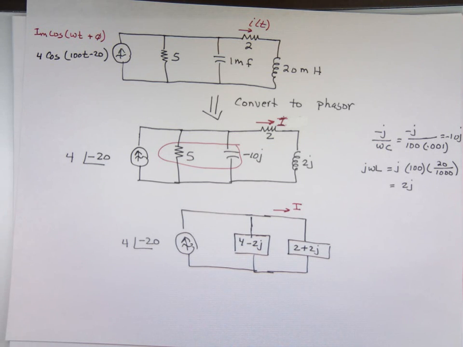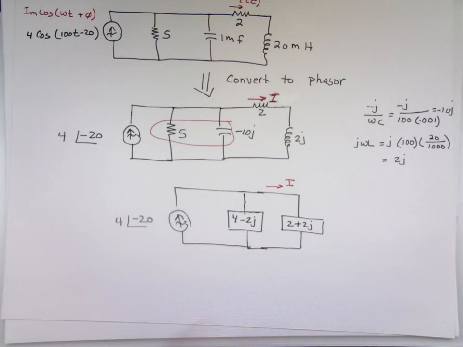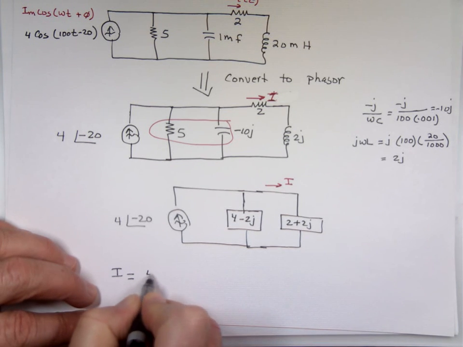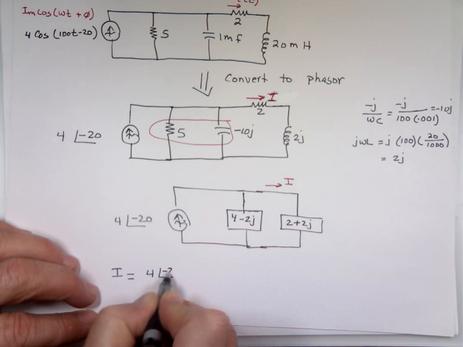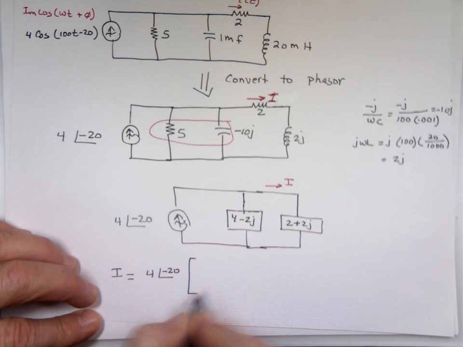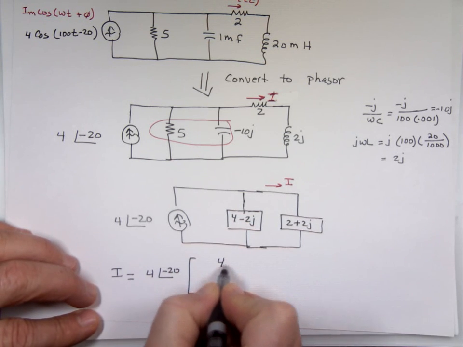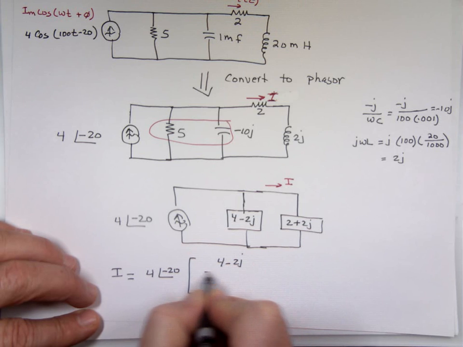Notice the math is straightforward, just what we did before. What can we use now here? Can we use current division? So I'm going to apply current division. The current I equals the source, which is what? 4 angle negative 20 times this one. If you're looking for that current, we use this one, 4 minus 2j, over the sum of them.